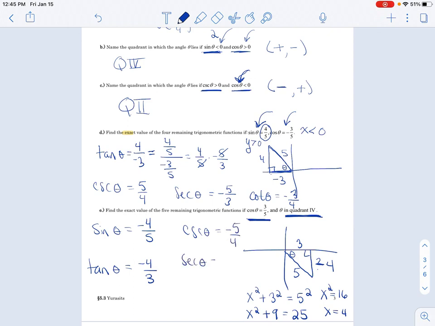I have to do secant, which is the reciprocal of cosine, which was given to me. So it's a good way to check your work. Make sure it all pans out. And then cotangent of theta is negative 3/4. And it doesn't matter where you put your negative. If I want to be terribly accurate, because it's just a ratio that's negative, I'll keep it with the 4, but it really doesn't matter.